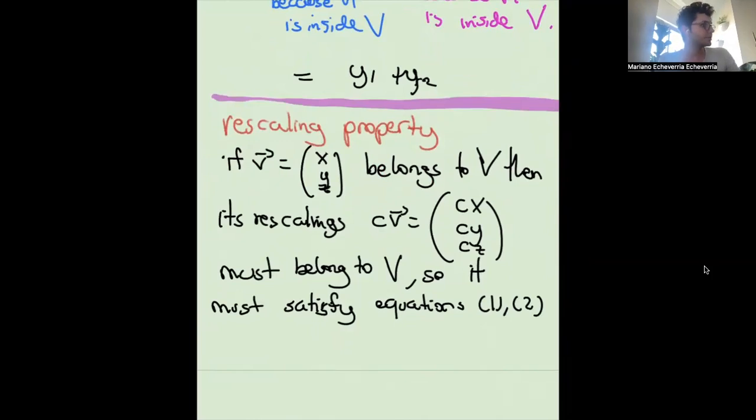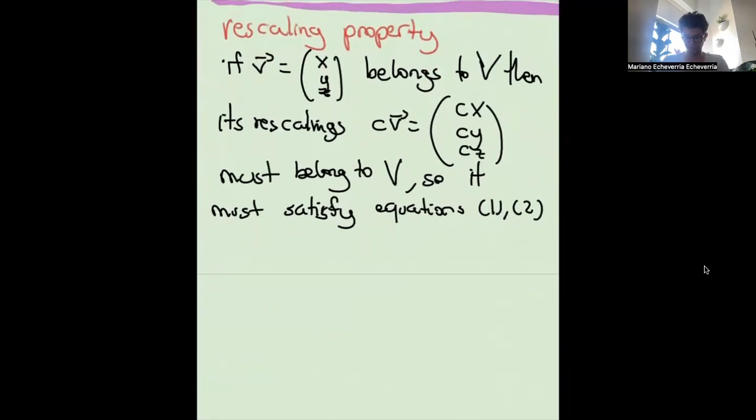Okay, so let's start again with equation one. Equation one said that x minus y plus z was zero, right? Now we have to check this equation for c times v.